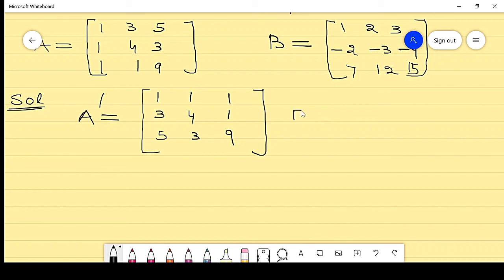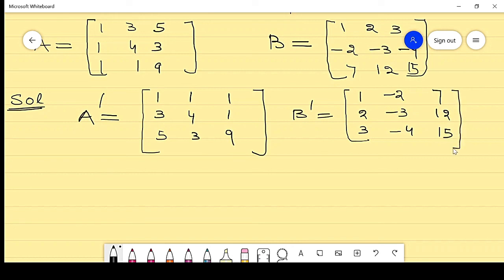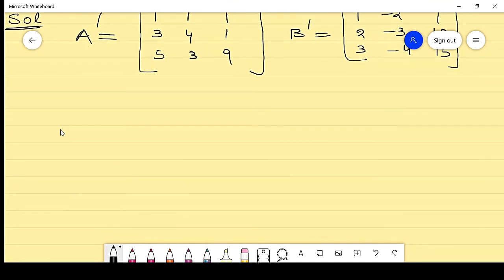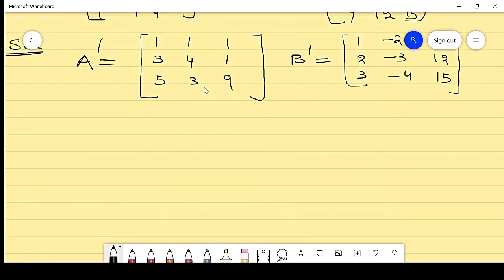Similarly, B transpose, which is 1 2 3, minus 2 minus 3 and minus 4, 7 12 and 15. So first transpose these matrices, then find the row reduced echelon form.